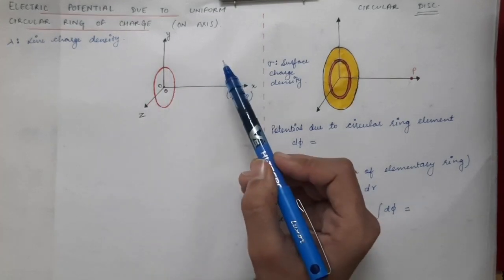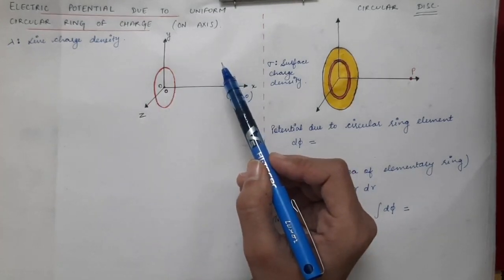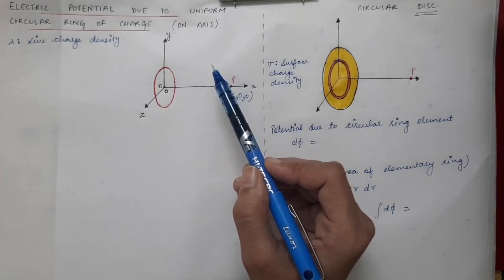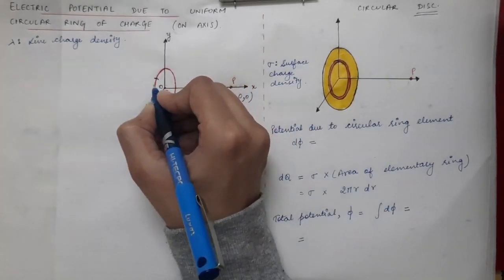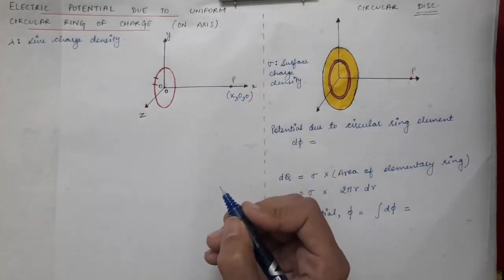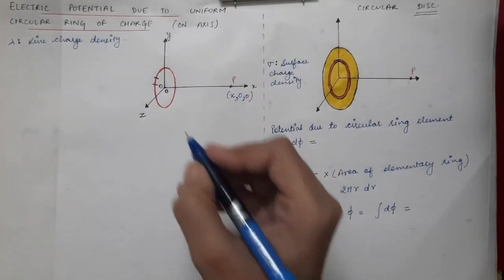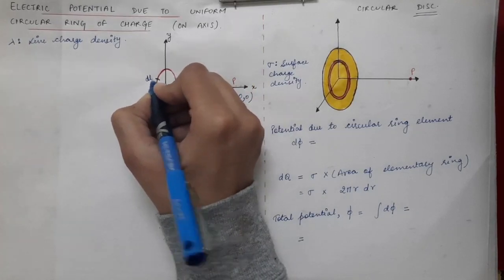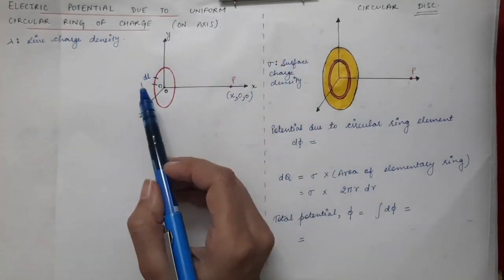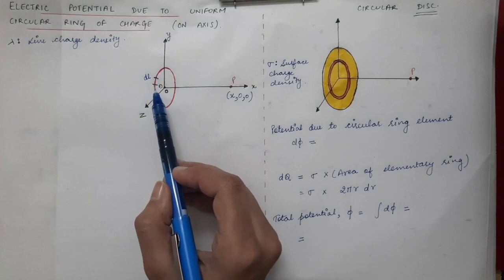So the procedure will be the same as we had done in the previous case. So we will take a small length element. Let's say you take this small length element over here. Now this length element will have a certain length. Let's say the length is equal to dl. So dl is the length of this small line element which we have considered.